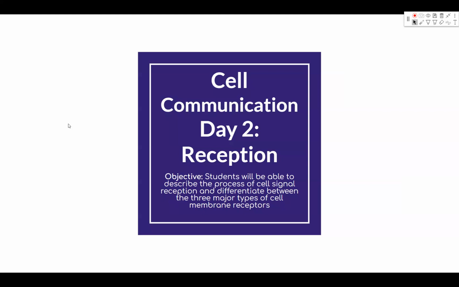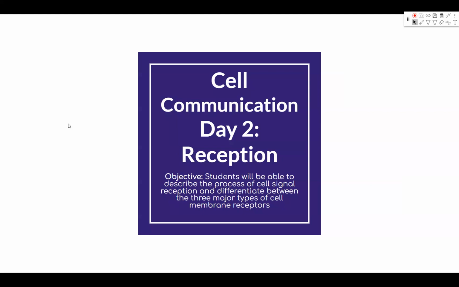No? All right. Well, yesterday we talked about the overarching idea of what cell communication is. We had some examples, and we talked about three major types of external cell signals. Do we remember what those are? Contact, local, and long distance.